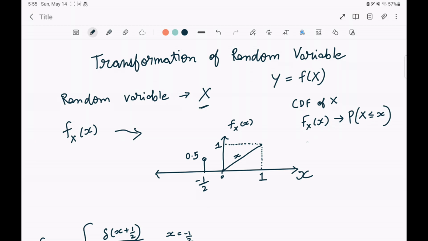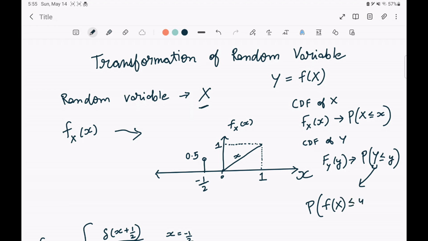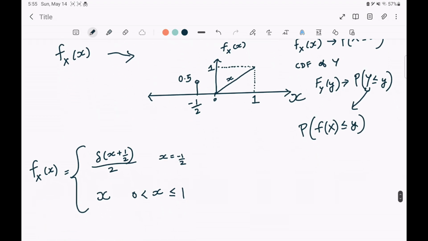And then we used to find the cumulative distribution function of y, such that Fy of small y is the probability of capital Y less than or equal to small y. Then we used to replace the random variable y with the function of x. So we used to write it as f of x less than or equal to small y, which would then be converted to x less than or equal to f inverse of y.